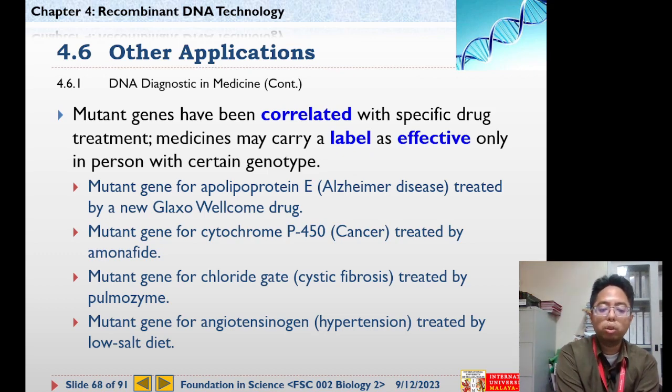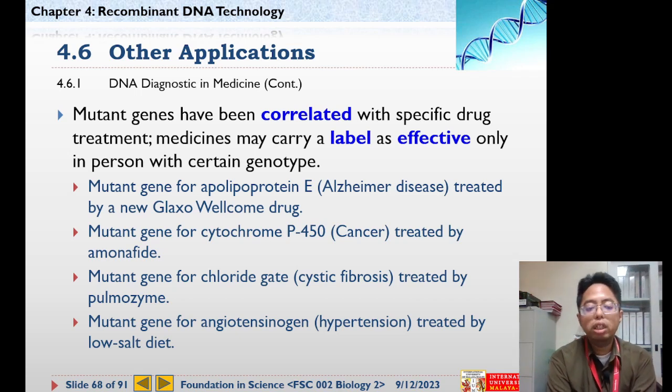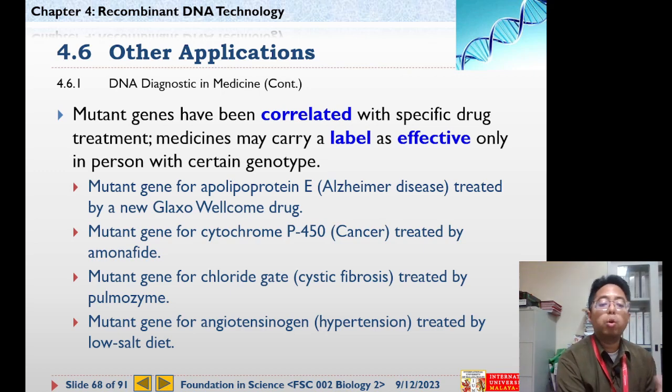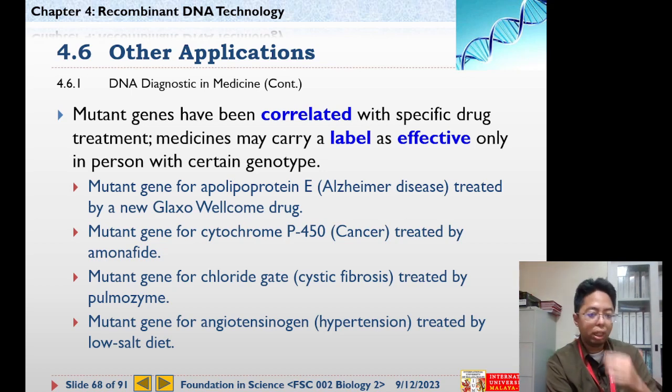Other than that, there is also a mutant gene for sarcopenia. This is just for cancer. It is treated by ammonophyte. Other than that, the mutant gene for chloride gate, which is for the disease cirrhosis, is treated by pomozine. Another one would be the mutant gene for angiotensinogen, which is hypertension, treated by a low salt diet. So all of these treatments are only effective for a person with a certain genotype.